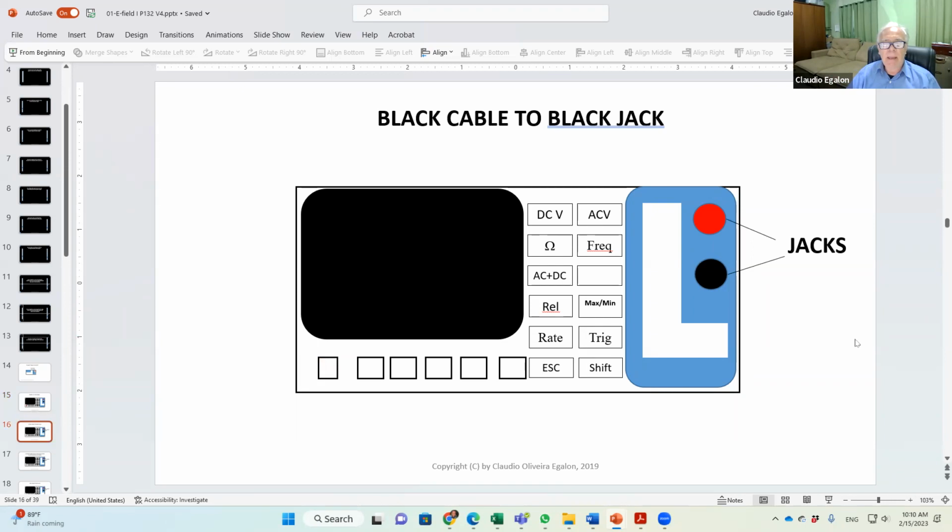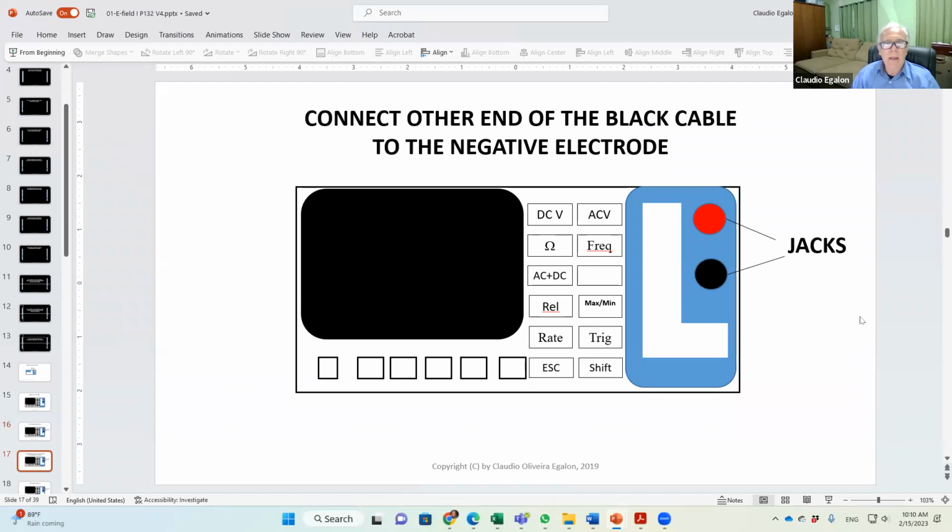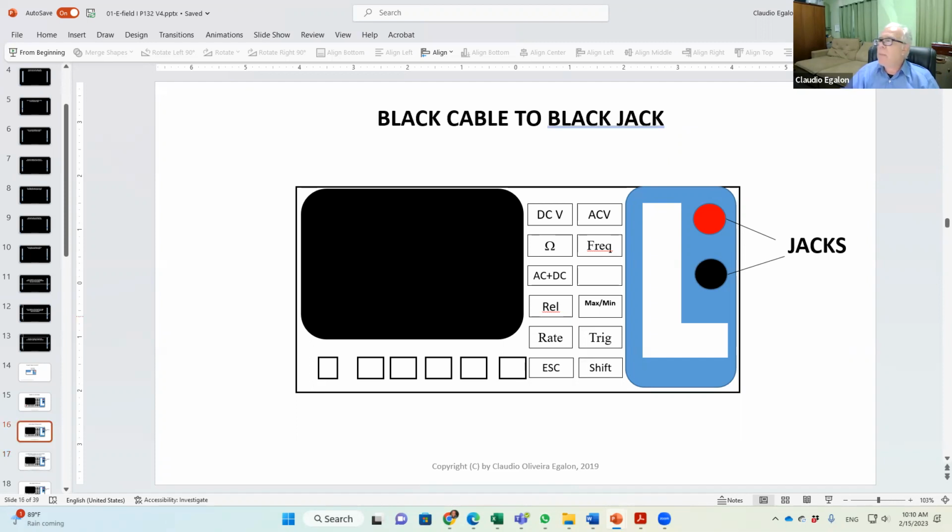Here are the jacks of my multimeter, just like I have for my multimeter here. The jacks are right here at the bottom. One is positive, the other is negative. COM means negative. Input means the positive polarity. So what do we do here? We connect black cable to black jack.